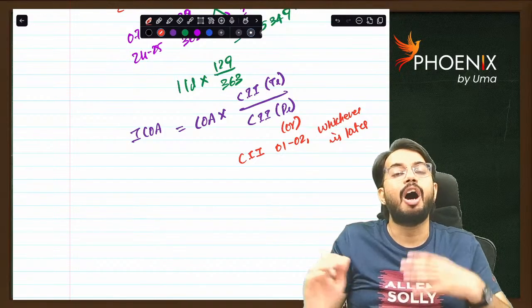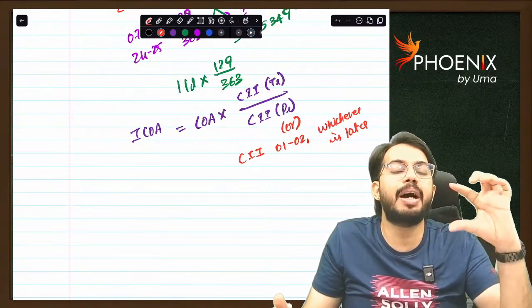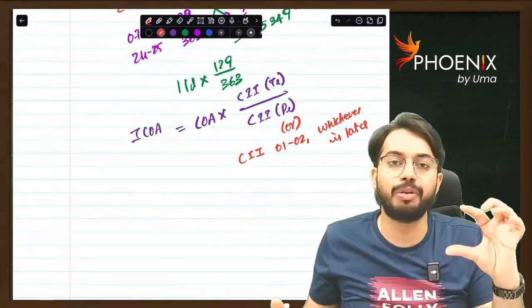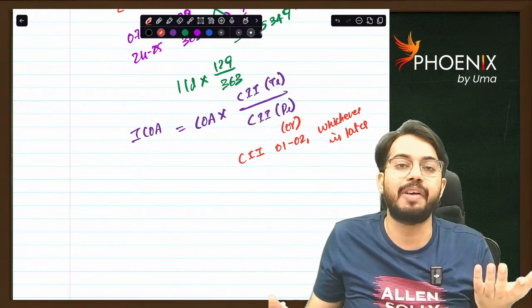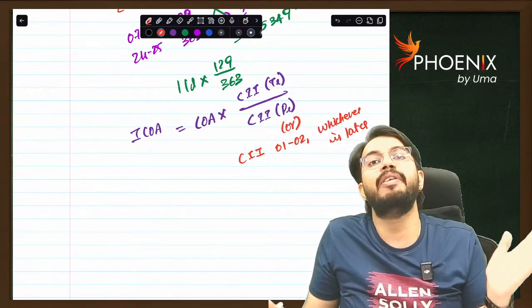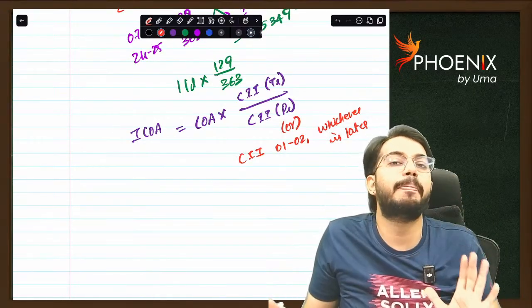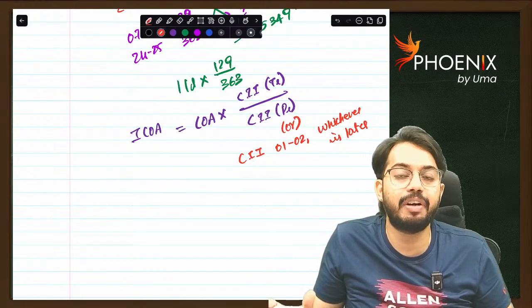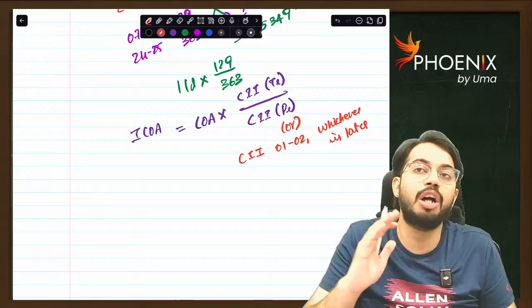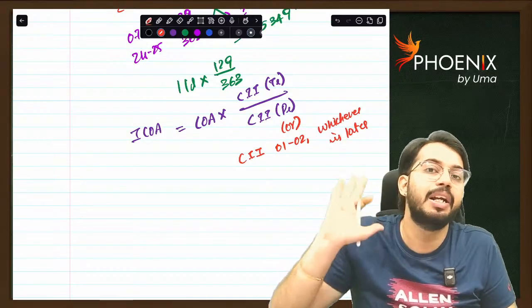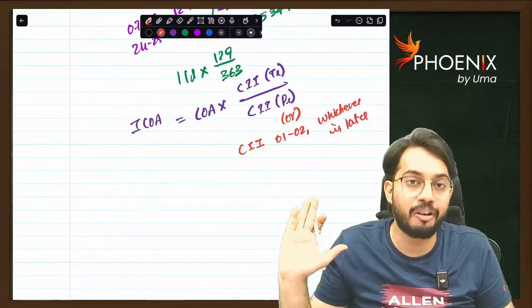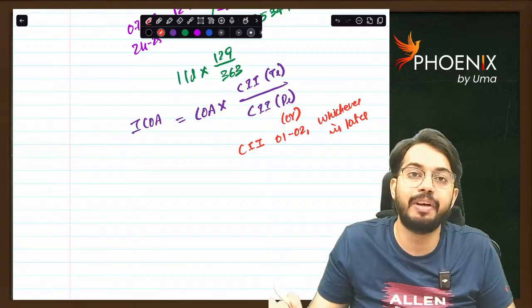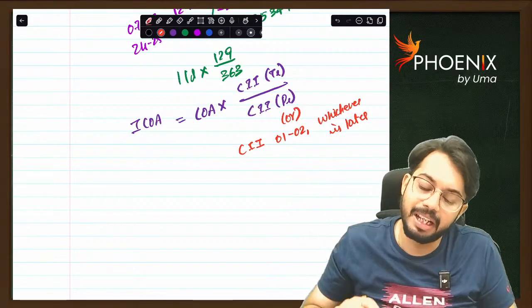Why, sir? Already we are taking fair market value benefit as on 1st April 2001. So we have fair market value. On that fair market value, we will apply indexation from 1st April 2001 onwards. That's why indexed cost of acquisition is equal to cost of acquisition into cost inflation index in the year of transfer divided by cost inflation index in the year of purchase, or cost inflation index for 2001, whichever is later.